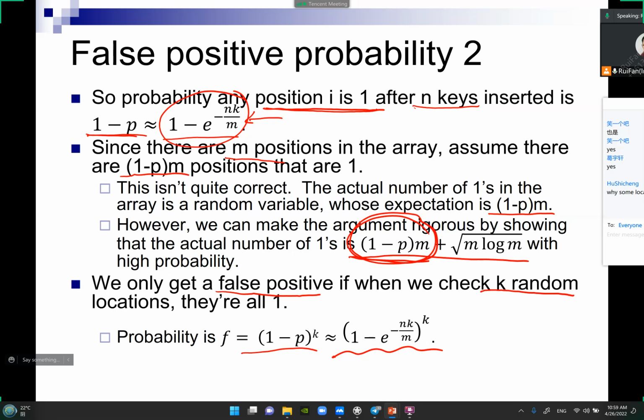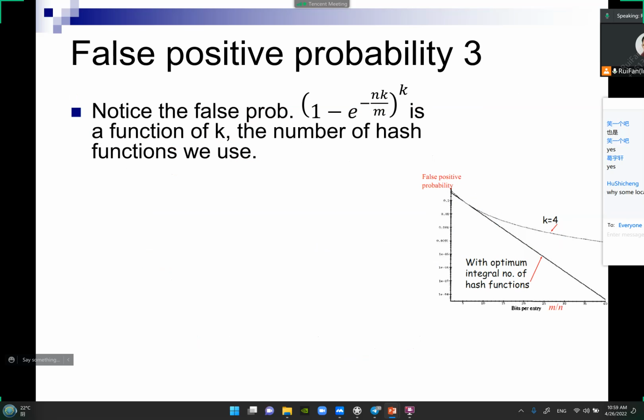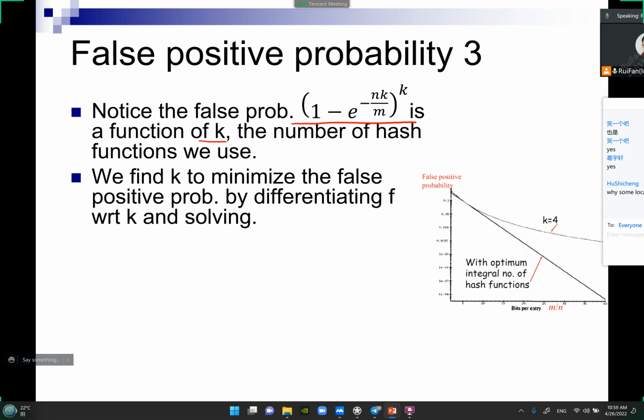All right, so let's take a closer look at this expression. You notice that this probability is a function of k, n, and m. Now, what we're going to do is fix n and m. You're going to decide that you want a hash table of a certain size, so that's m.